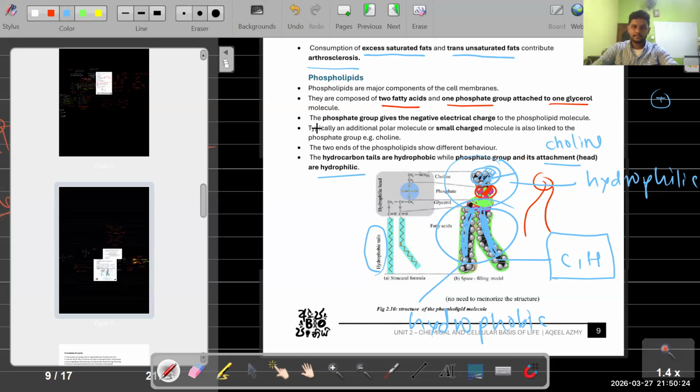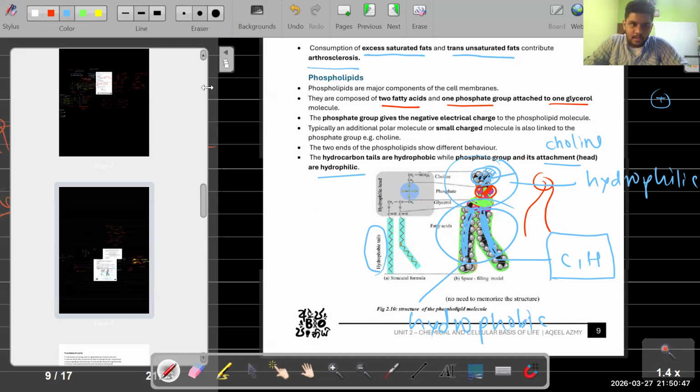Is that clear? This complete part. Yes, one student has mentioned that it is clear.